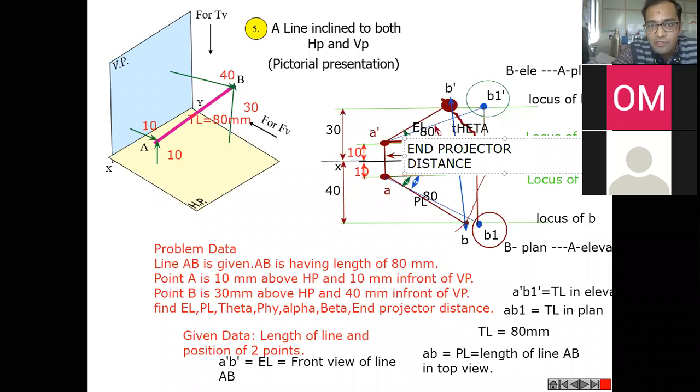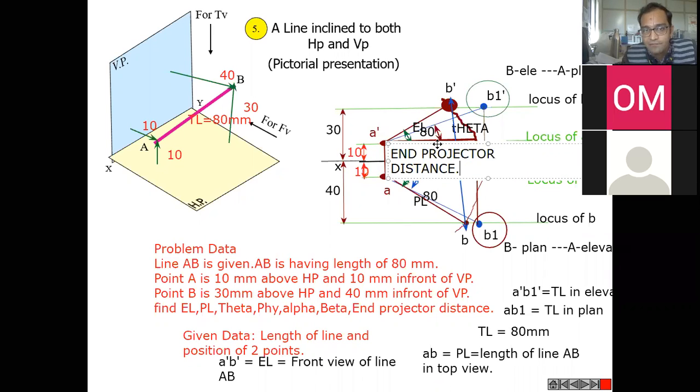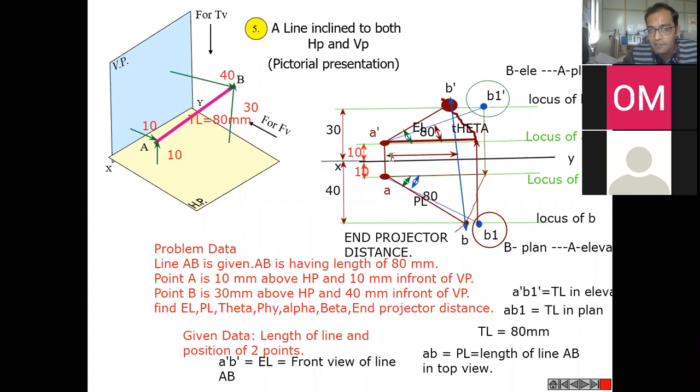So you also need to refer to this end projector distance. And after referring to that, you need to write it and enlist it separately. Okay, measure this distance and write it down.